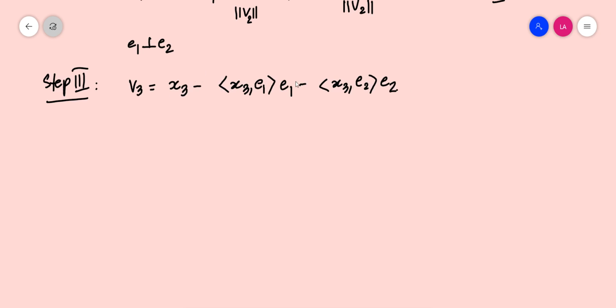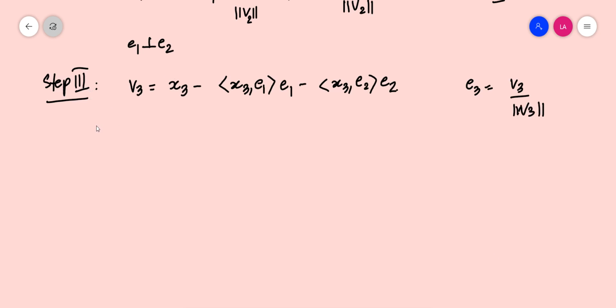So one of them could not be written as a linear combination of the other two. So this is a nontrivial linear combination, which means it should not be equal to 0. And we also define e3 to be equal to v3 divided by norm v3.